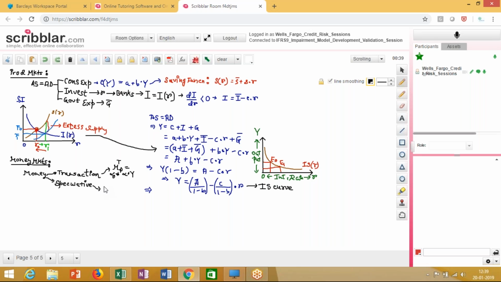We have over here the speculative demand. Now, what are the factors on which the speculative demand for money would depend? What are the rates of interest, and what relationship would it have with the income?